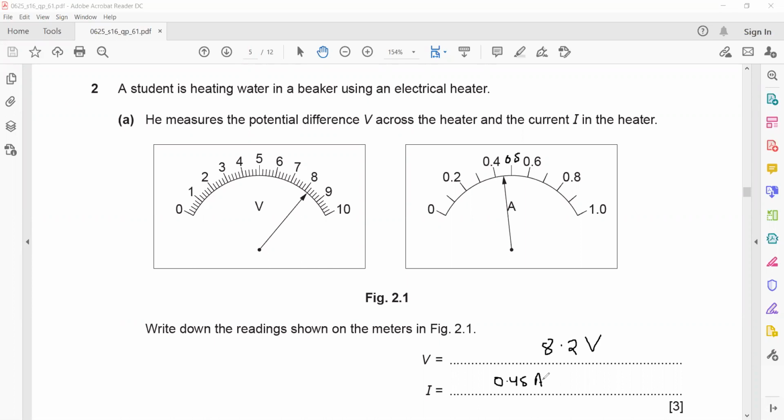Even if you write 0.44, that is acceptable, or 0.45 is also acceptable. Is it clear? Yes, sir.